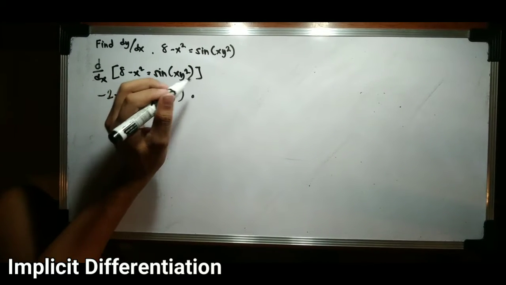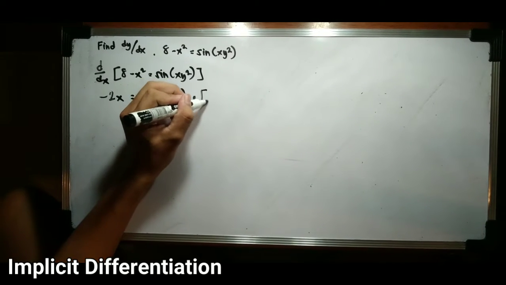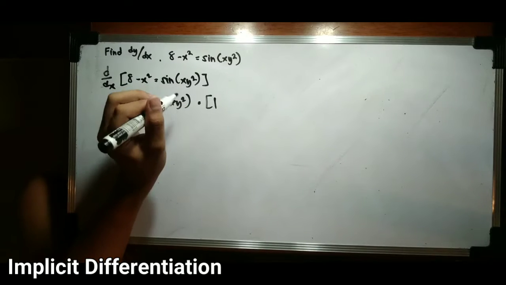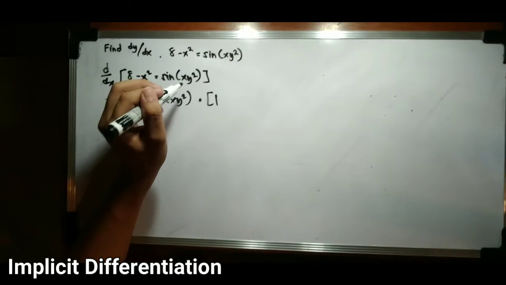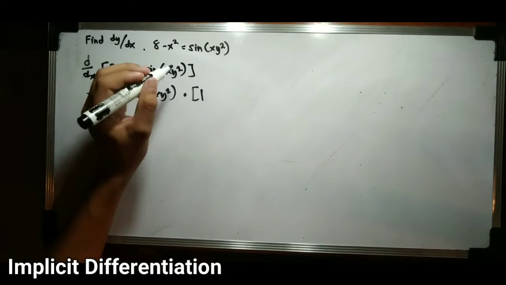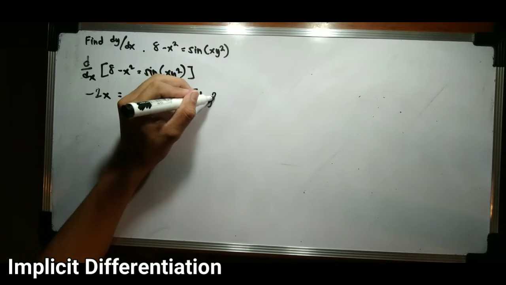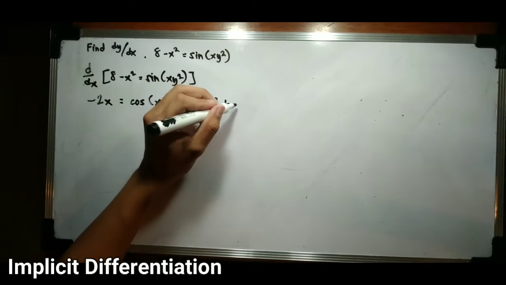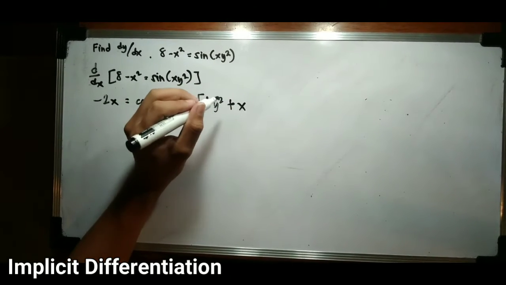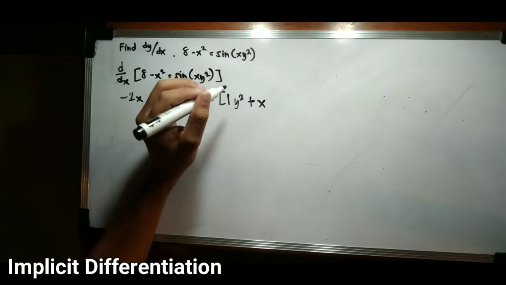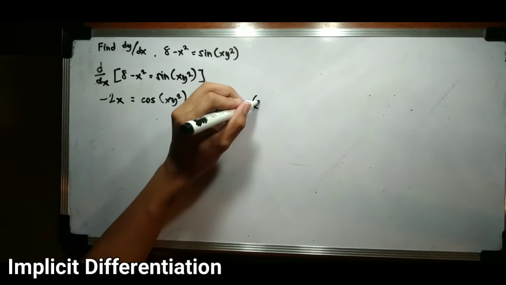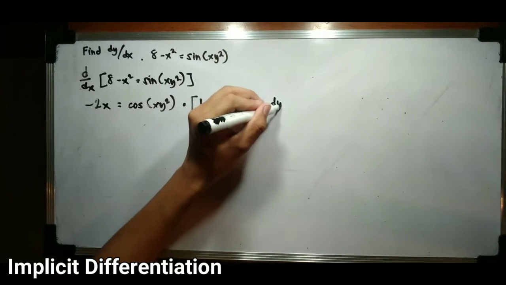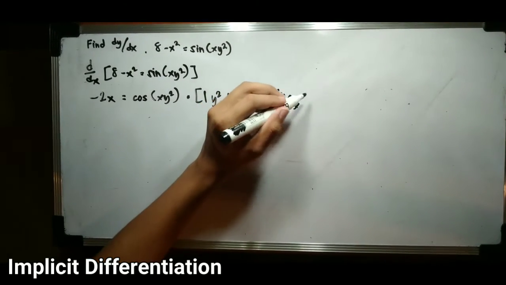So the derivative of x is 1. Let's get the derivative of x, then let's copy y squared, then add x, let's copy x, then the derivative of y squared, which is 2y times dy over dx.